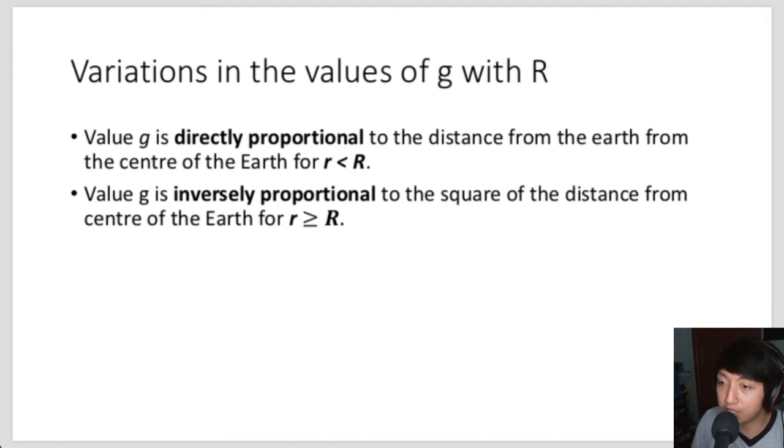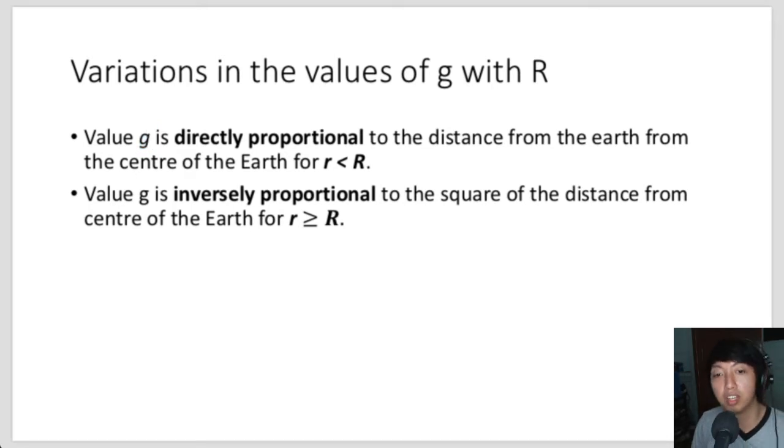So what this is saying, if the distance between the two bodies, small letter r, is smaller than the radius of the Earth, then the value of G is directly proportional. All right, meaning to say when r increases, G also increases.